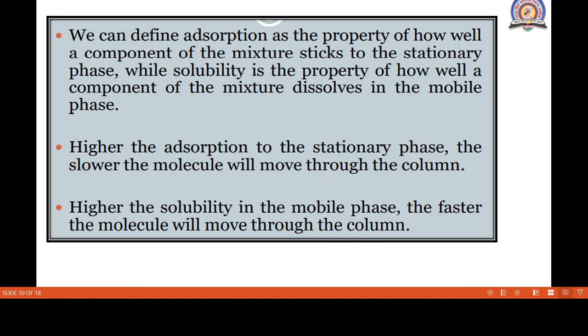These two points are very important, so you have to remember them. Strong adhesion means the molecule moves slower through the column, and higher solubility in the mobile phase means it moves very fast through the column.